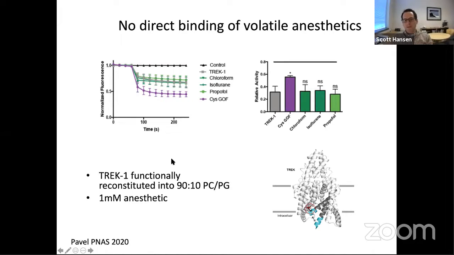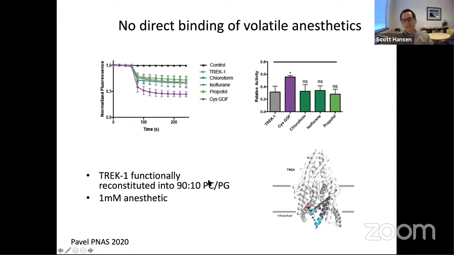For a long time now, ion channel people, which I am one of them, had been claiming that anesthetics could directly activate a channel, but we hadn't done these experiments where we purified the channel and put it into a purified vesicle and could directly test it. These experiments need to be done to demonstrate that there's direct interactions.